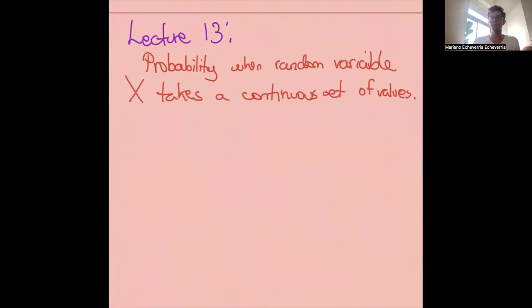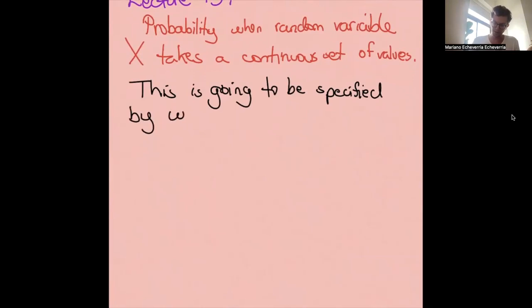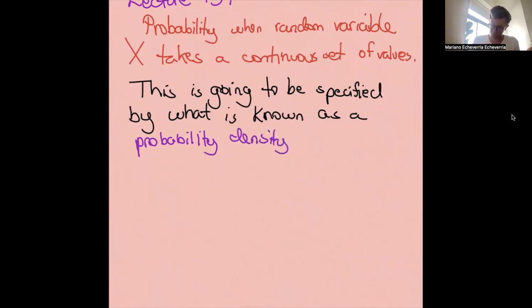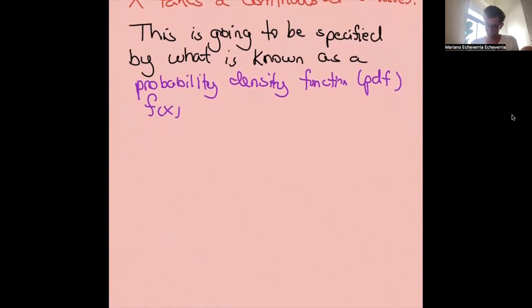Well, in this case, again, we'll think about this probability as being specified by what's called a probability density function, a PDF. This is the name usually given to it.